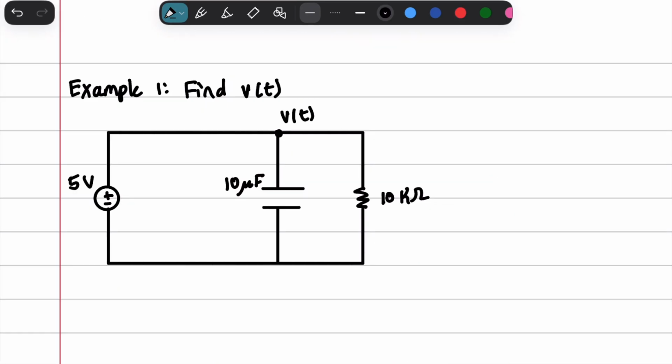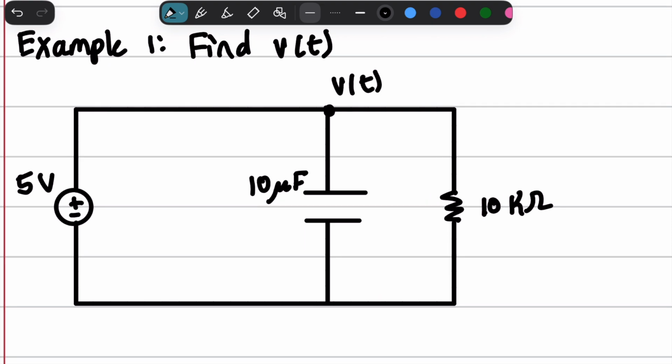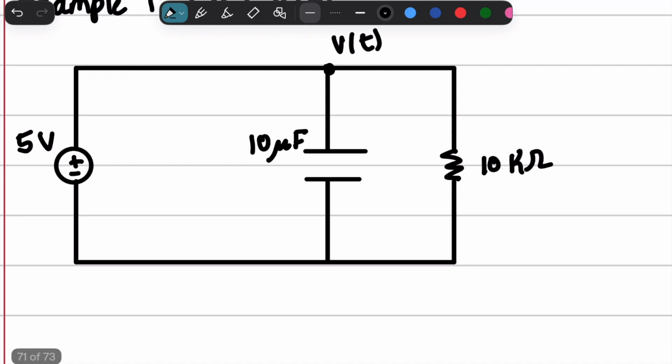So right here we have a very simple circuit, and you can actually solve this with E&M techniques, but we're going to solve this with circuit analysis techniques. So when you are solving these kinds of time-dependent problems, or problems with components that vary on time, you are always going to have 2 scenarios.